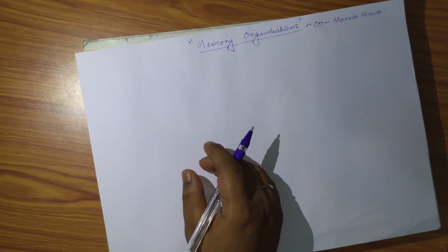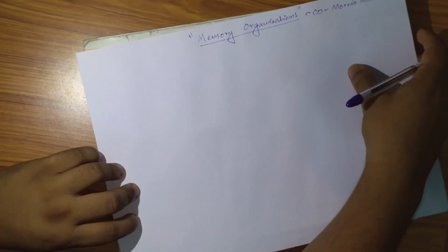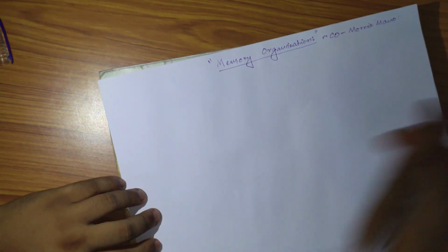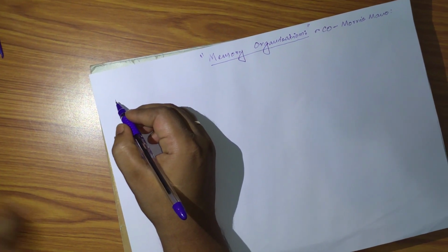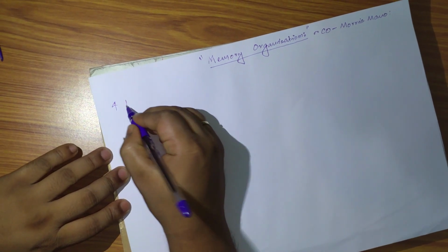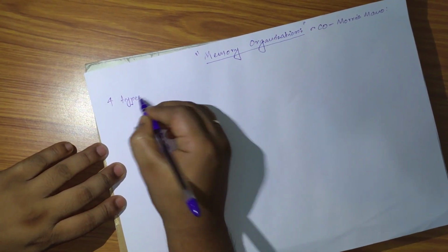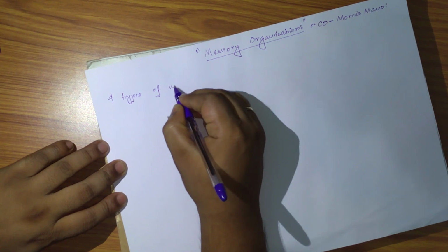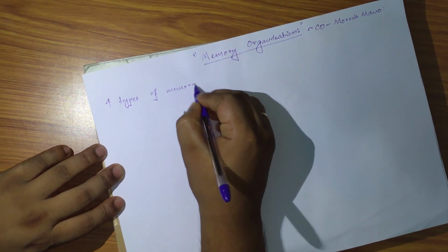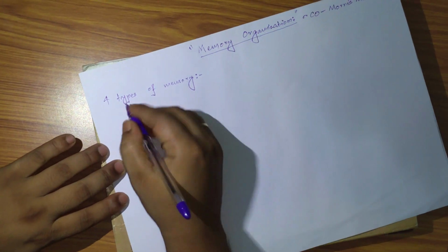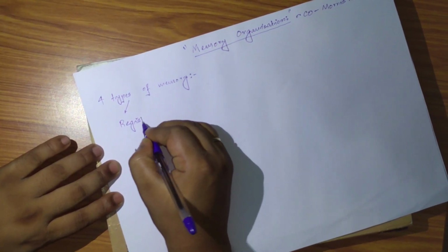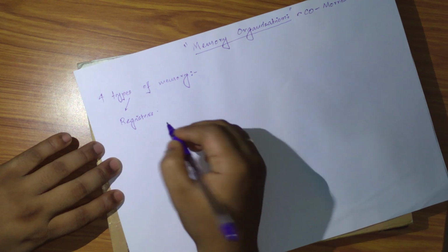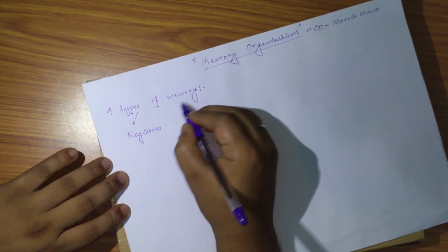If we see it from an overview, there are basically four types of memories available. The first one is called registers. These registers are inside the CPU, the processor.